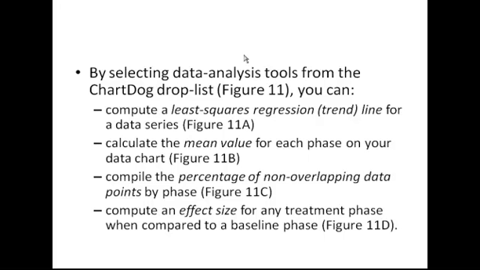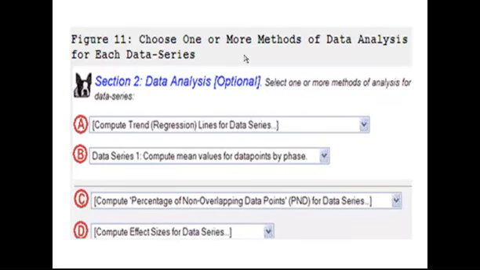You're going to be able to choose the data analysis tools. You can choose a least squares regression trend line, which honestly you don't need right now, but you can choose it anyway because it'll give you a very nice looking graph. You can calculate the mean value for each phase on your data sheet. You can compile the percentage points, and you can compute an effect size.